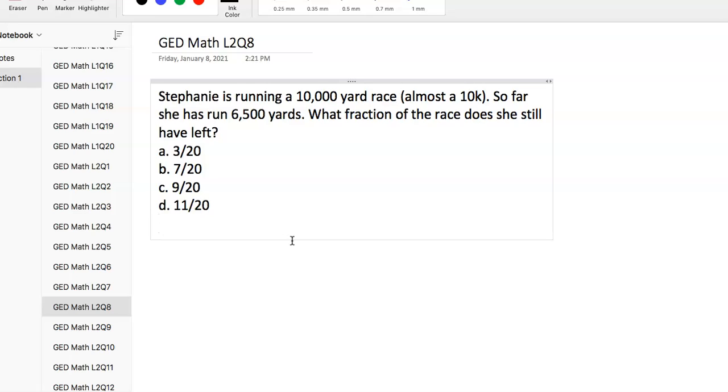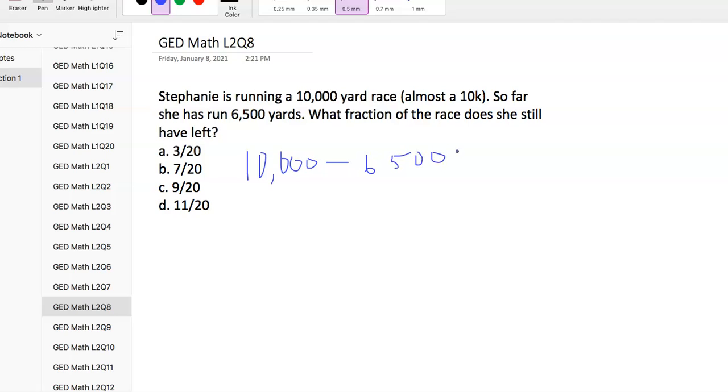Okay, so Stephanie is running a 10,000 yard race, which is almost a 10K. So far she has run 6,500 yards. What fraction of the race does she still have left? It is a 10,000 yard race, and she's gone 6,500.